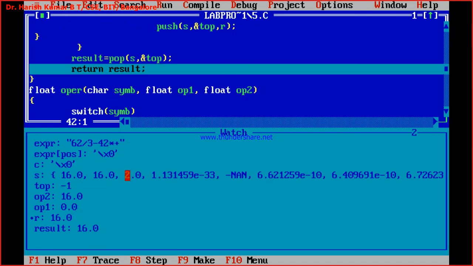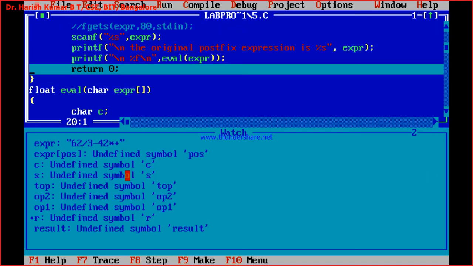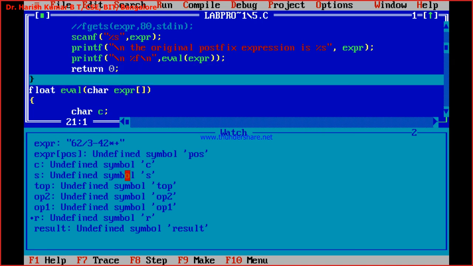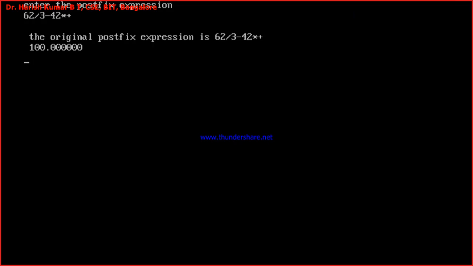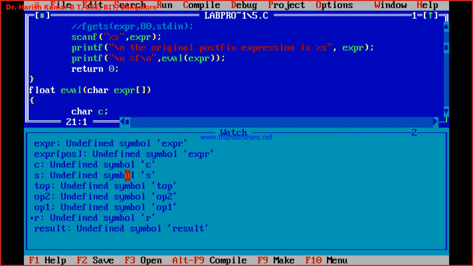Okay, now return result. So result is 16, but it is not the correct result. Alt F5 I am pressing, so not even 16, because I pressed something wrong. Instead of F7 I pressed F6, I think. Sorry. So let me run now.